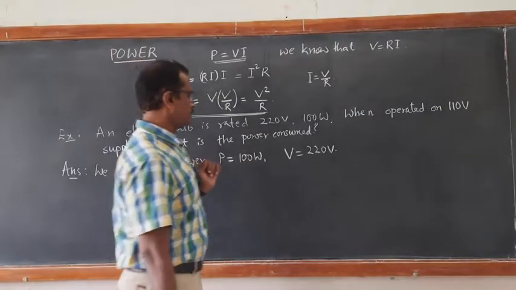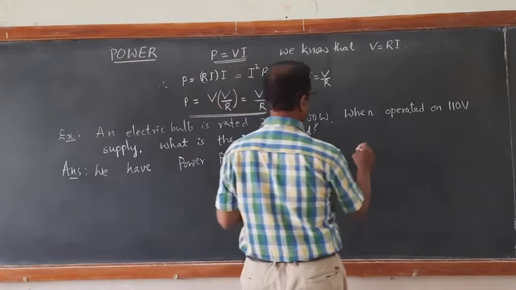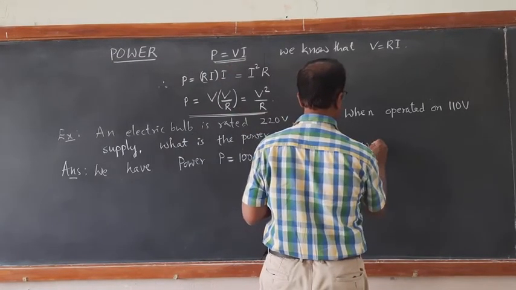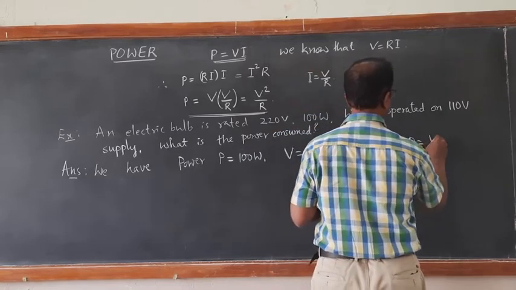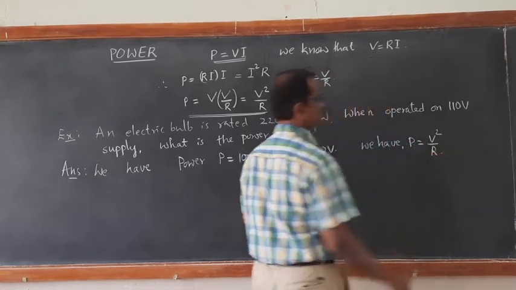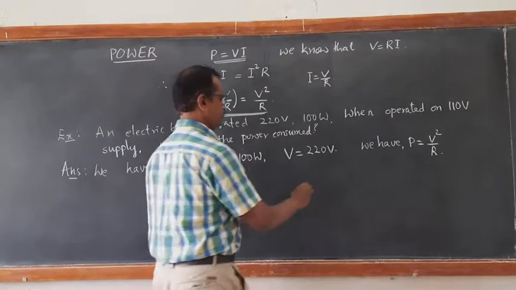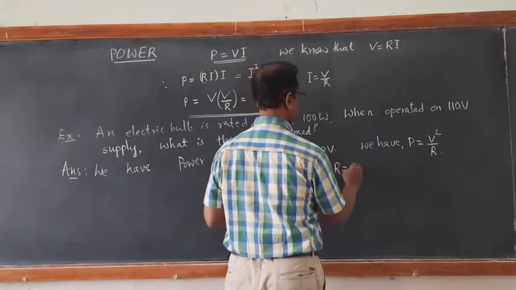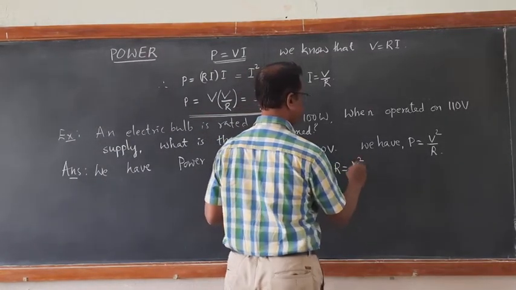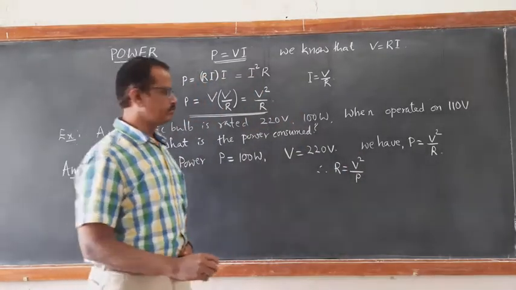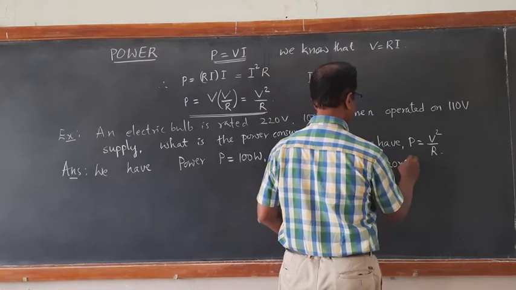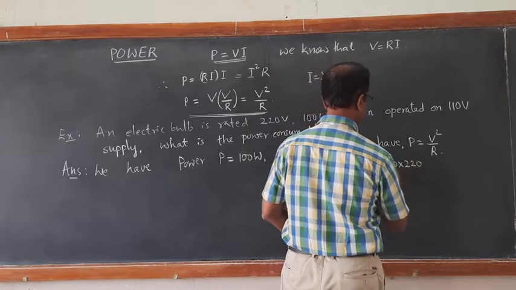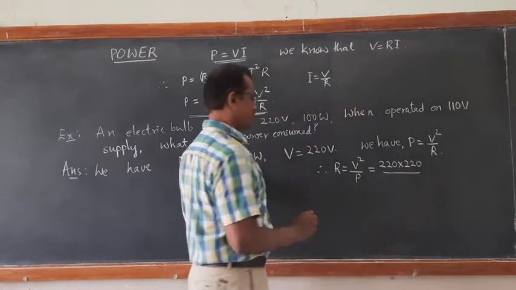Then we have P equal to V square by R. Therefore, R is equal to V square by P. Just substitute 220 into 220 divided by power 100 watts.